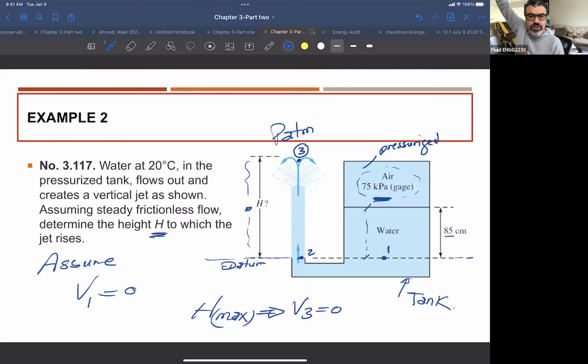The jet will rise to the highest point until there is no more kinetic energy to push it up. So H is maximum as V3 is equal to 0.